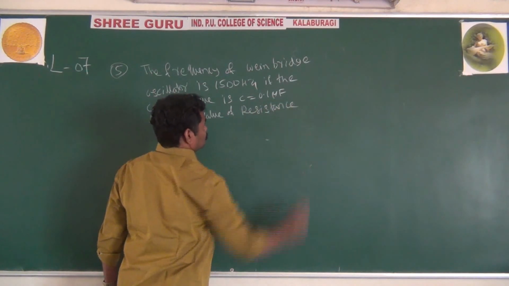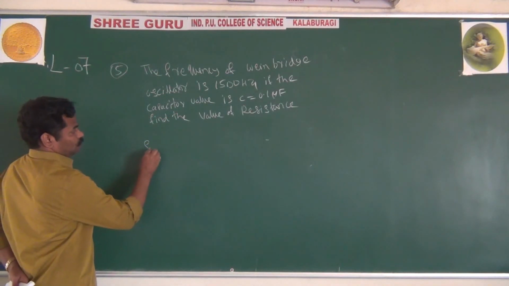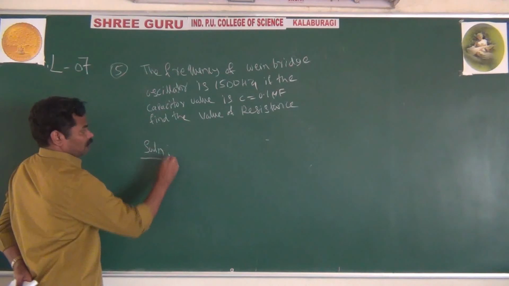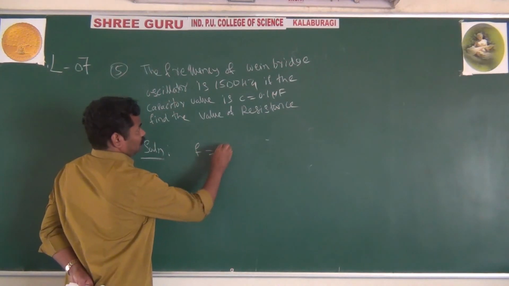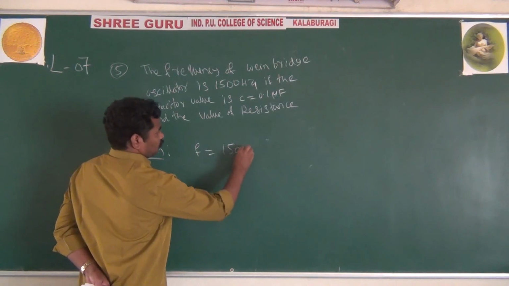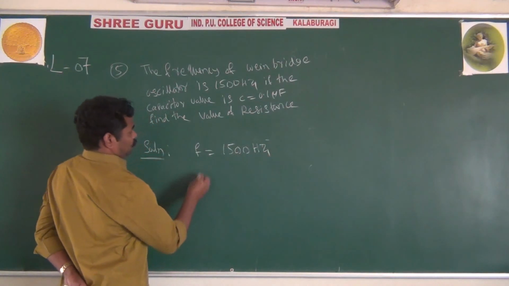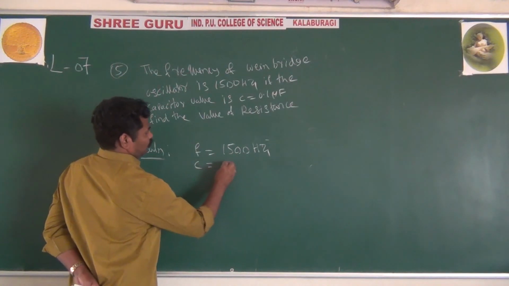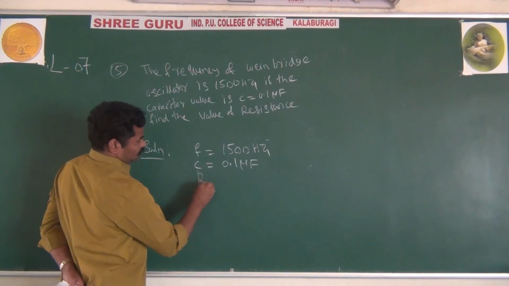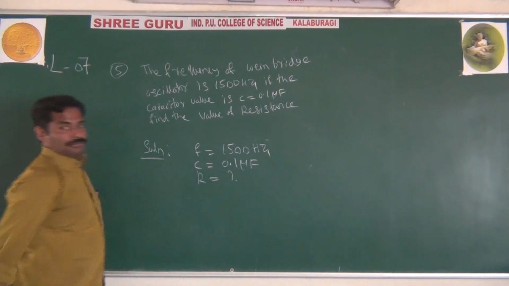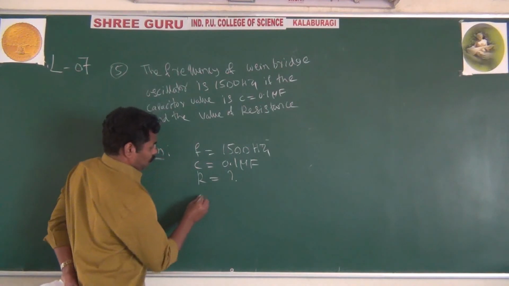It's also very simple, and yes, we know the solution. Write what they are given. They are given the F value 1500 Hz. Also they are given the C value, that is about 0.1 microfarad, and you have to calculate the R. Very simple, and we know the formula.